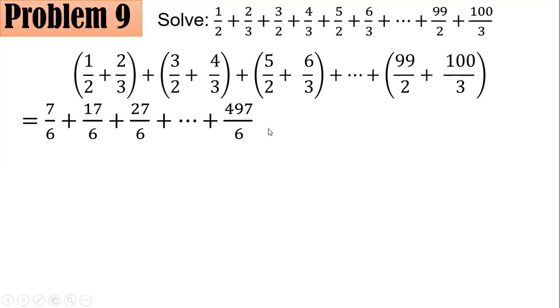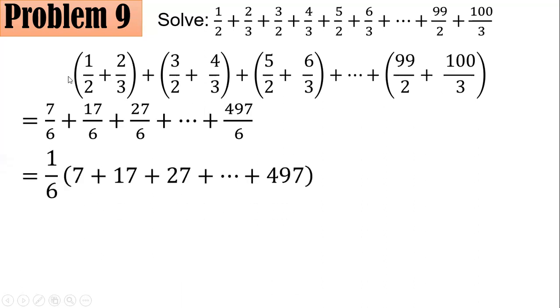497/6. So we could see here that they have a denominator of 6. That's why I simply factored out 1/6, because 6 is the common denominator. And instead, I found the sum of 7, 17, 27, all the way until 497.